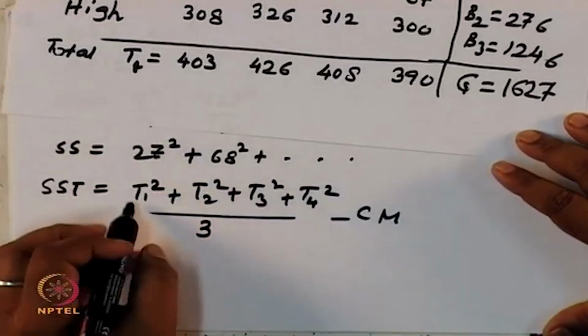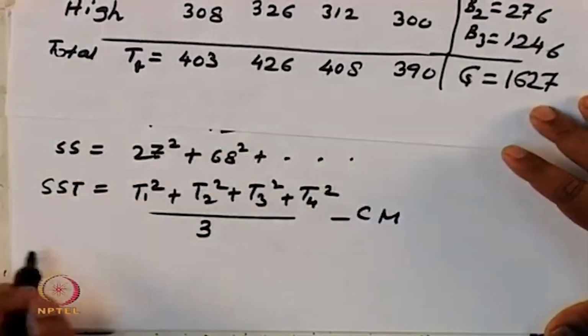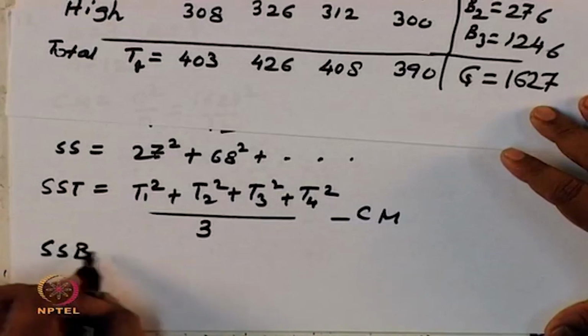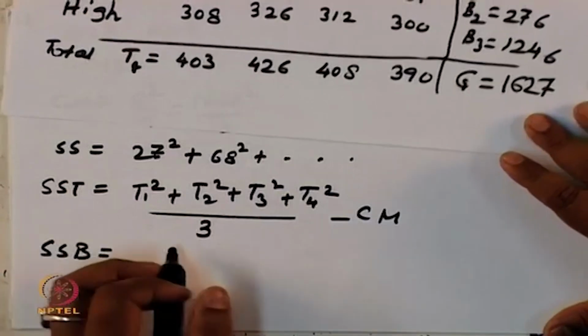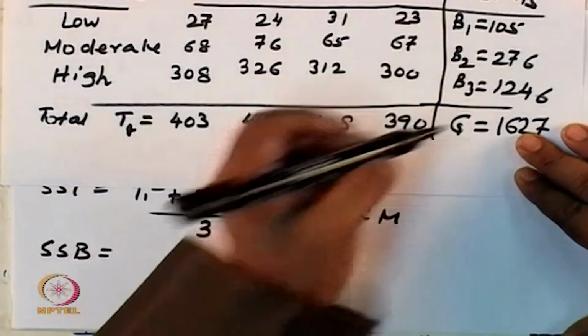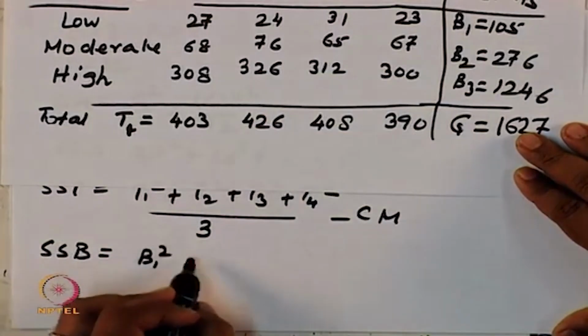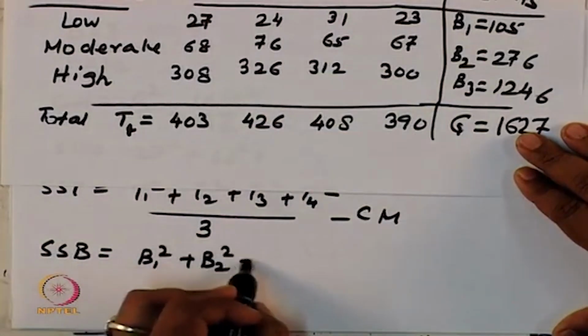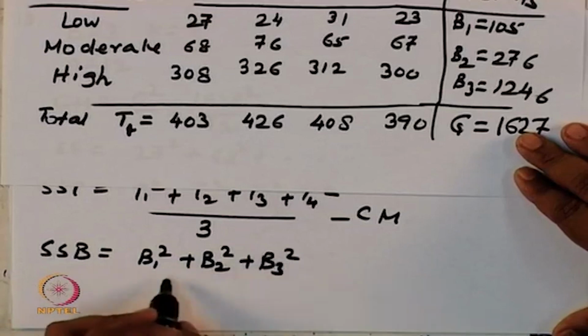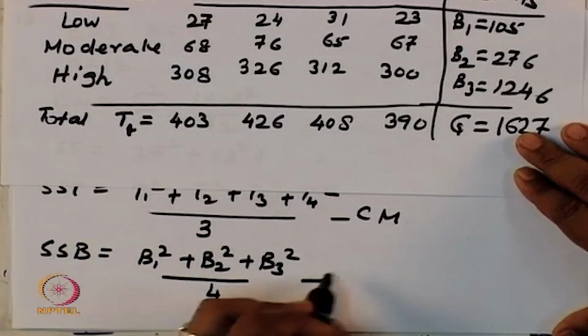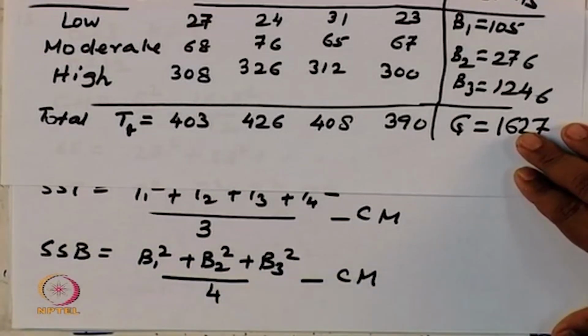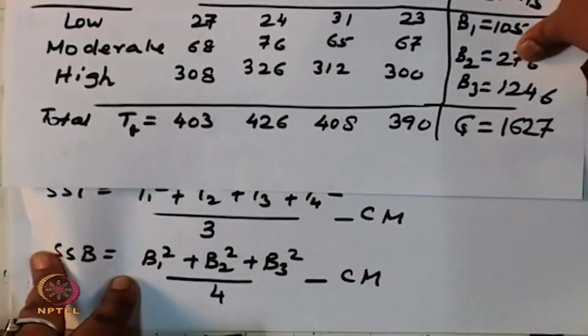T1 is 403, and so on and so forth. You can calculate SSB, which is B1 square plus B2 square plus B3 square, by 4, minus Cm, and based on these values you can calculate the following ANOVA table.